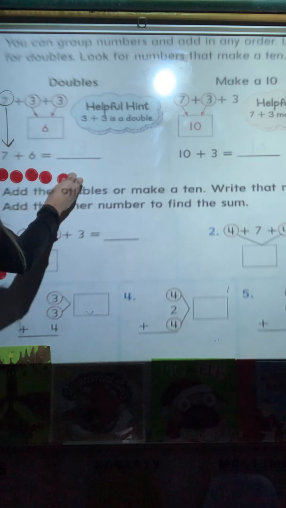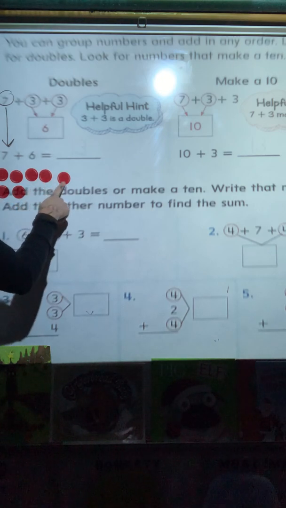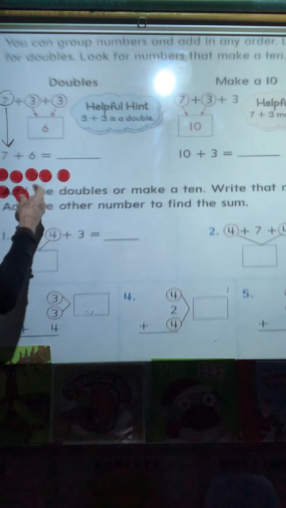Okay? If you need to, go ahead and pull your counters out and set them there. You can do the 7, 3, 4, 5, 6, 7, and add 6 more. And you can also use your 10 frame to put them in so it's easier for you to add.